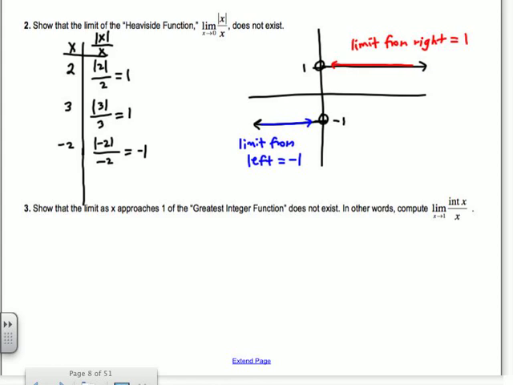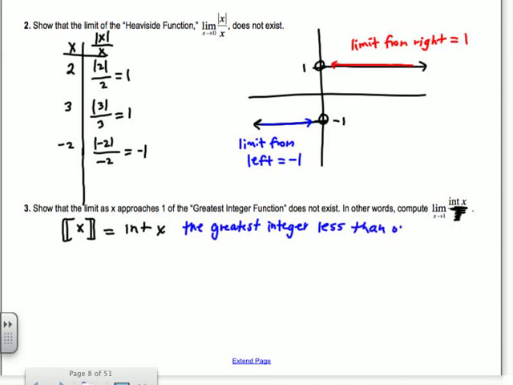In a little bit, we're going to talk about left-hand limits and right-hand limits, so you'll see what I mean by that. Okay, show that the limit as x approaches 1 of the greatest integer function does not exist. In Algebra 2, we called it a fancy bracket. That's the same as what your book notates as int x, integer x. All that is, is the greatest integer less than or equal to x.